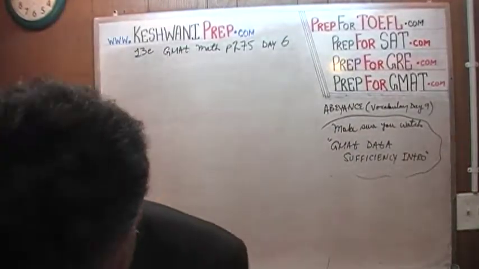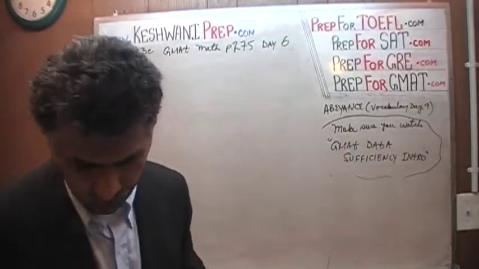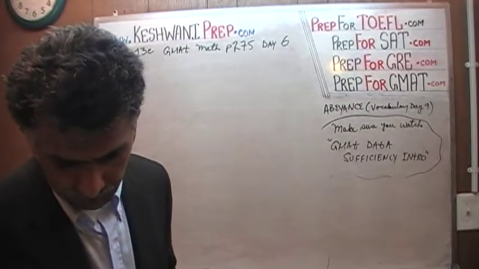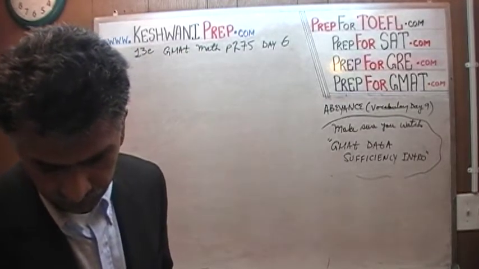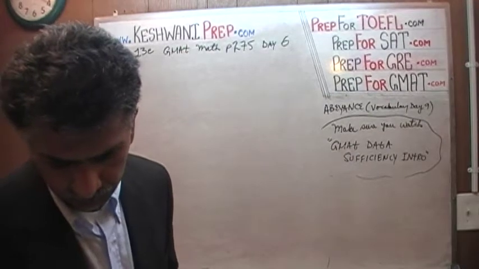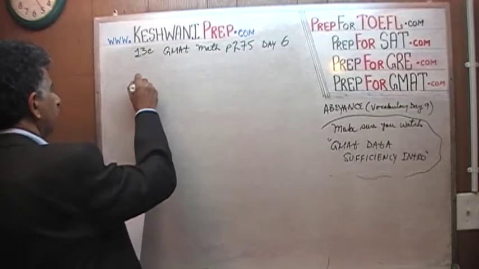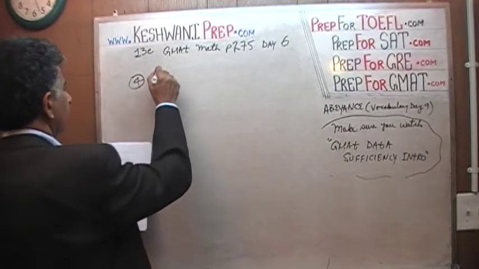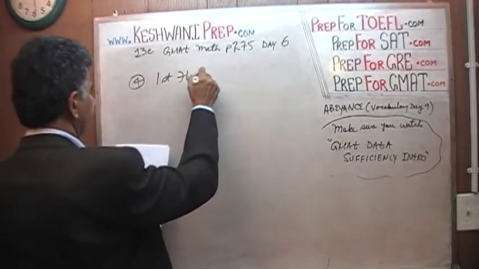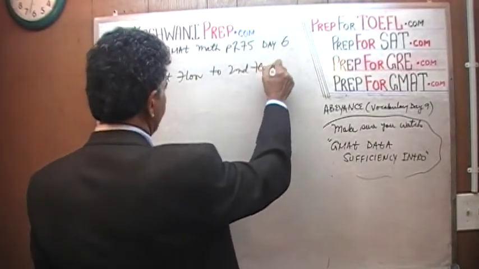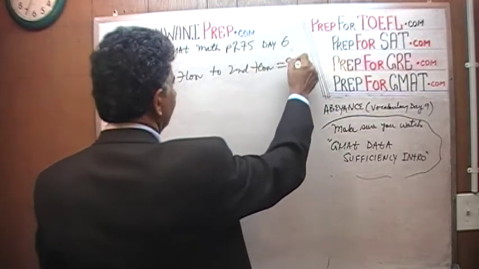Question number 4 says, if the two floors in a certain building are 9 feet apart, how many steps are there in a set of stairs that extends from the first floor to the second floor of the building? So here we go. We are told that the first floor to second floor is 9 feet.